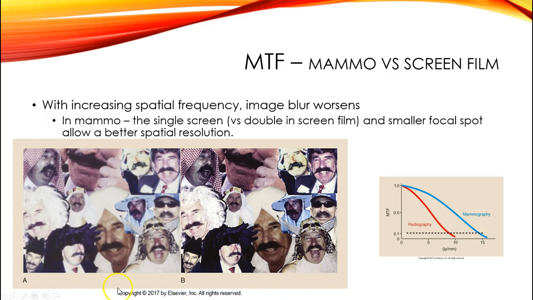Big difference here. You can see the blurriness, very sharp compared. Look at this on the checked scarf here, very sharp, loses its sharpness. So much better spatial resolution in mammography compared to screen film.